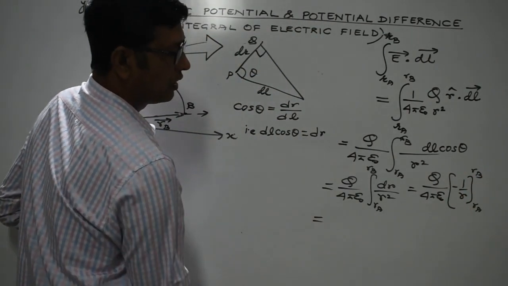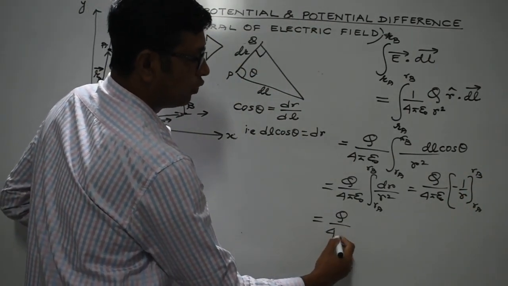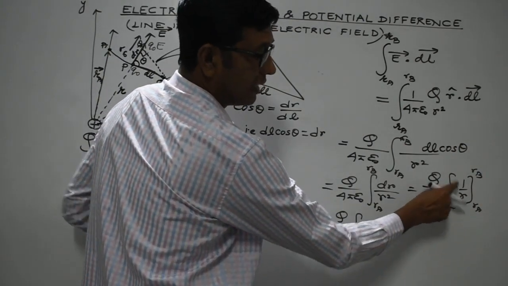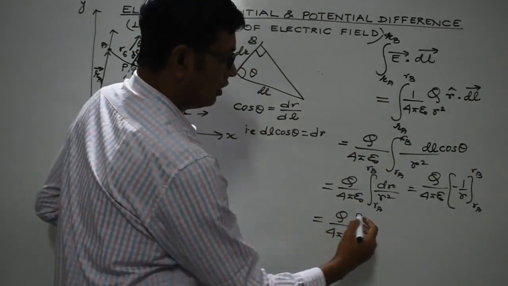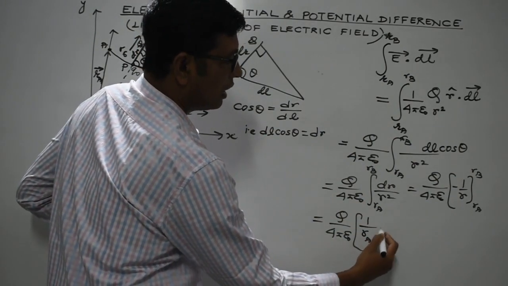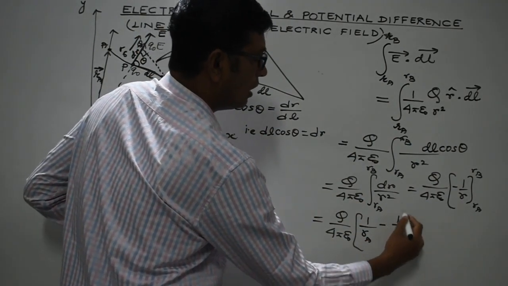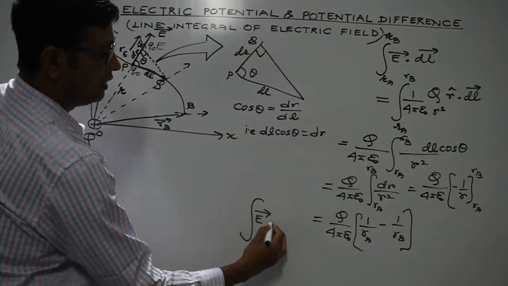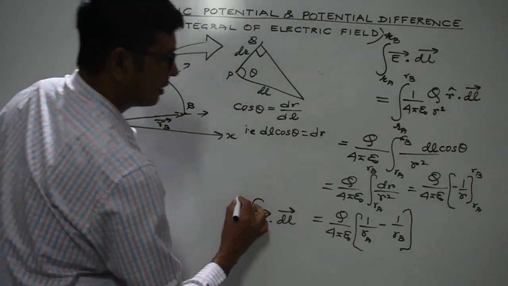On further solving, we get Q over 4 pi epsilon, upper limit minus lower limit. Due to the negative sign, we can interchange the terms, so we get 1 by RA minus 1 by RB. So this is the expression for the line integral of the electric field.